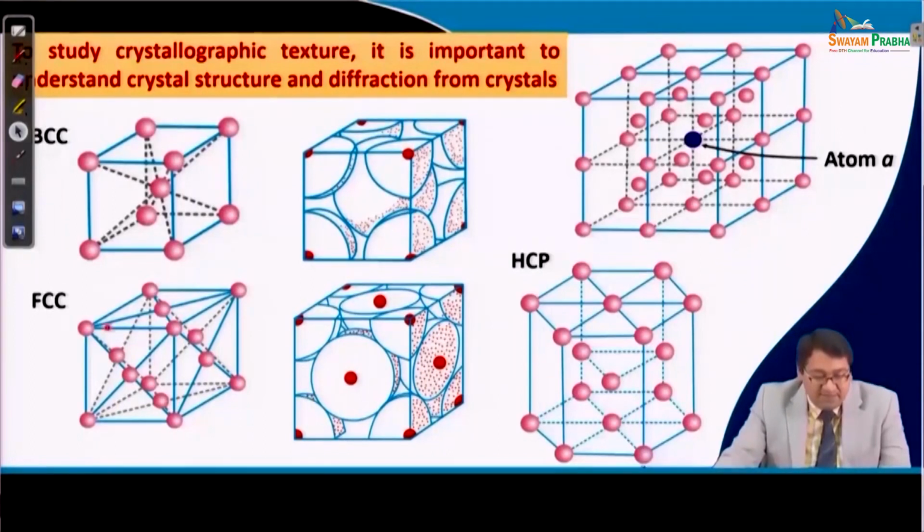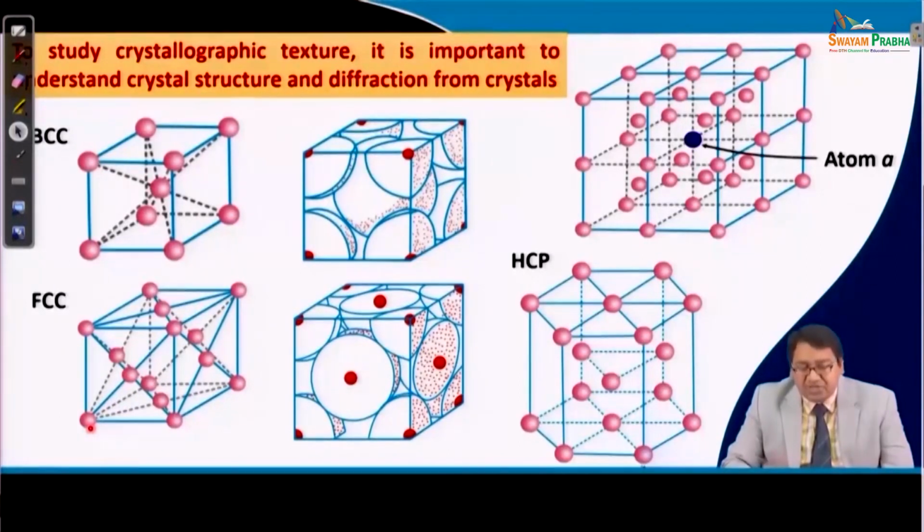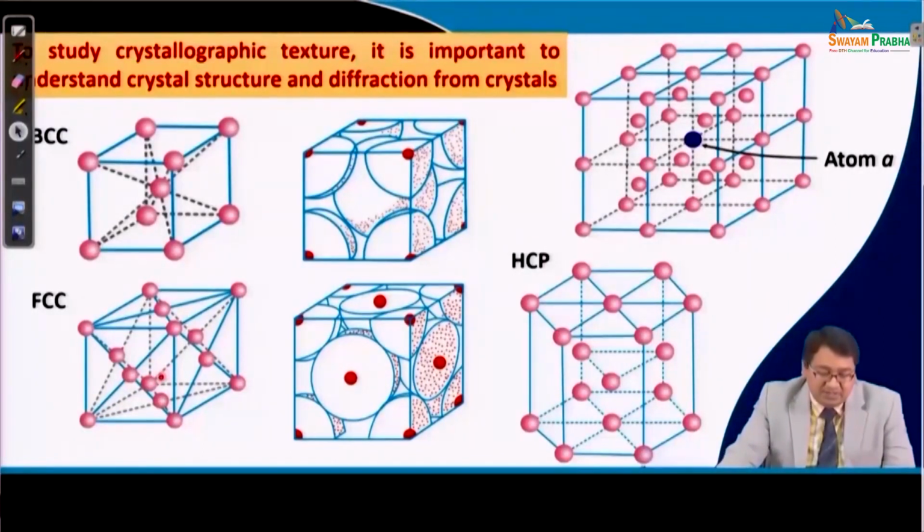On the other hand, the atoms which are at the faces of this unit cell are shared between 2 unit cells. Therefore, each atom contributes half towards the unit cell.